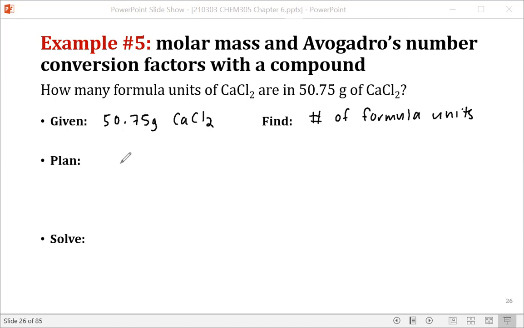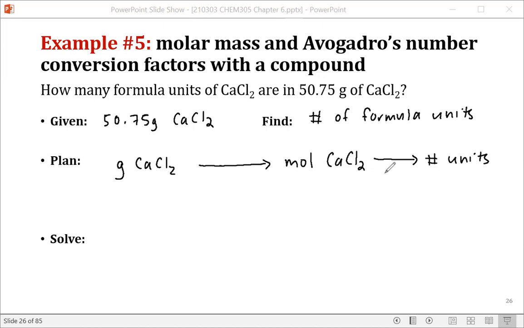And so our plan is going to be to go from grams of calcium chloride to moles of calcium chloride, and then from moles we can get to number of units using Avogadro's number. And to go from grams to moles, we're going to use the molar mass.